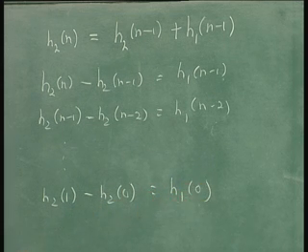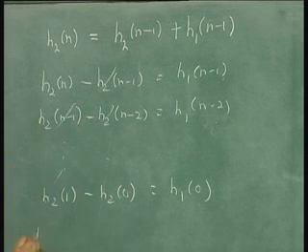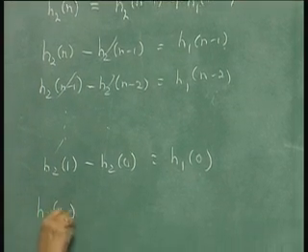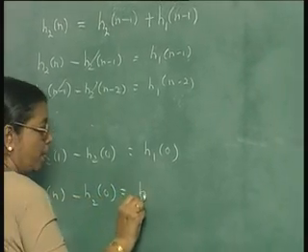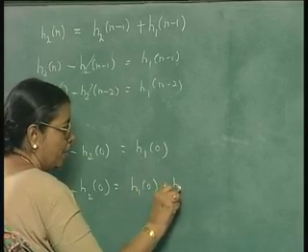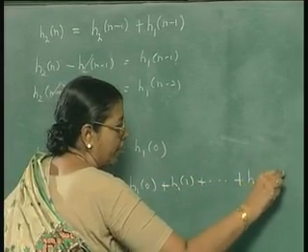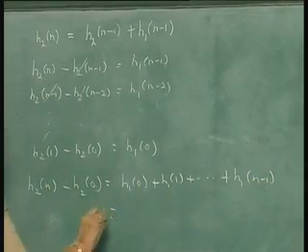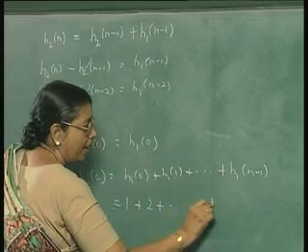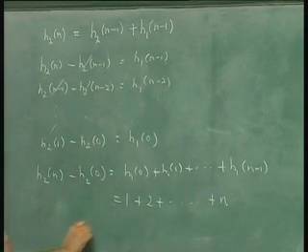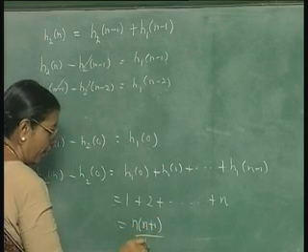Now, if you add them, this will get cancelled and so on. Finally you will get H2n minus H20 equal to H10 plus H11 up to H1 n minus 1. Now what is this? H10 is 1, H11 is 2, H1 n minus 1 is n. So this reduces to n into n plus 1 by 2.